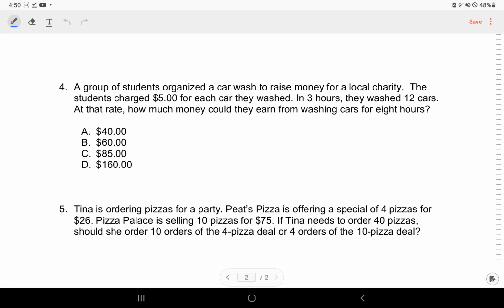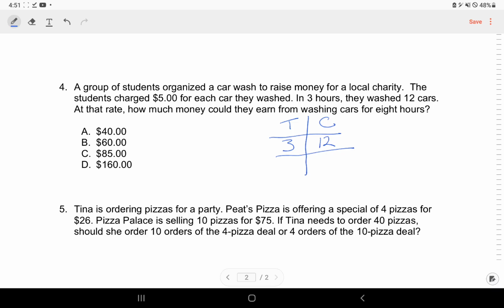So, again, I prefer tables. So, I'm going to say time and cars. So 3 hours, 12 cars.